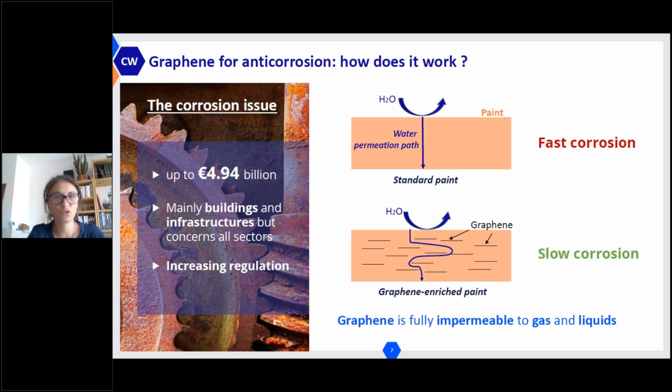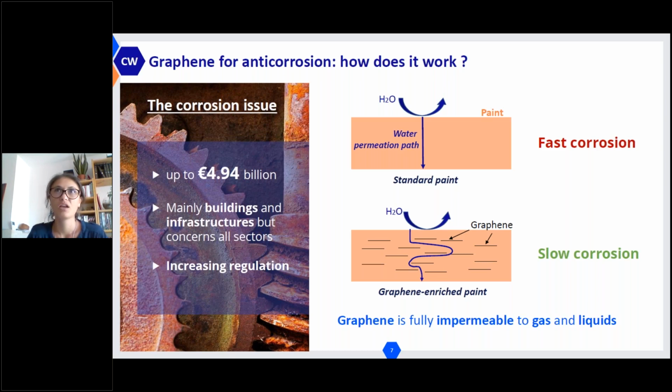But according to the corrosion protection, how does it work? How does graphene act? It's very different from sacrificial or passivation protection. Here we have to see graphene as a 2D material which will act as a physical barrier against water or other corrosive agents.